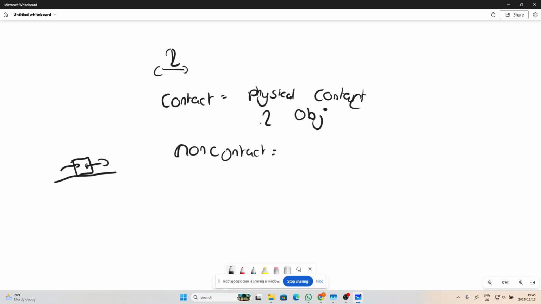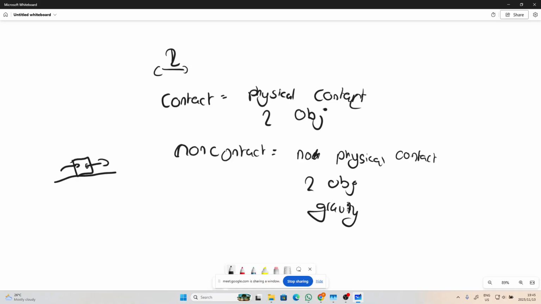Non-contact, on the other hand, there's no physical contact. That means the two objects never touch. Take for example gravity. I do not have to be standing on earth for it to exert the force.